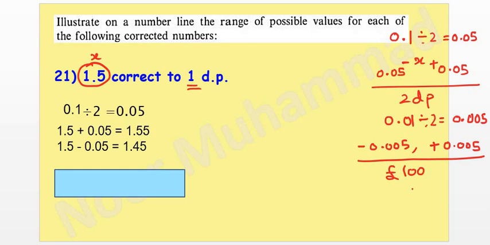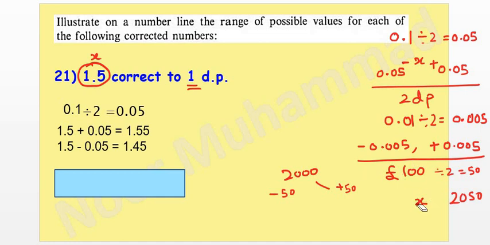Correct to 100 pounds means, whatever the number is, let's say the actual price is 2000, then you divide 100 by 2, and your answer will become 50. Once 50 is subtracted from it to get the lower limit, and once 50 is added to get the upper limit, it will become 2050, and in the middle you can say x or whatever.